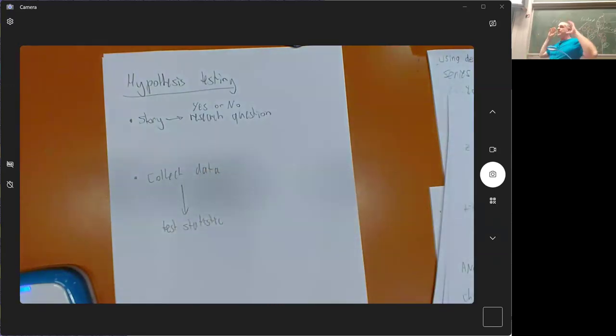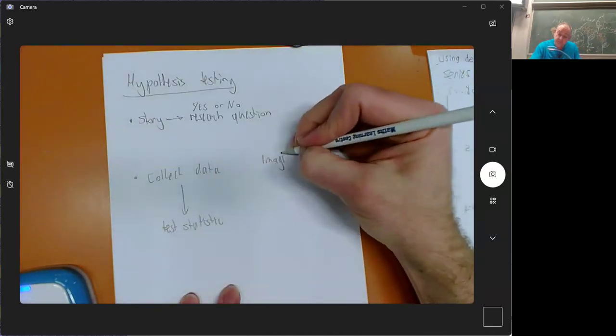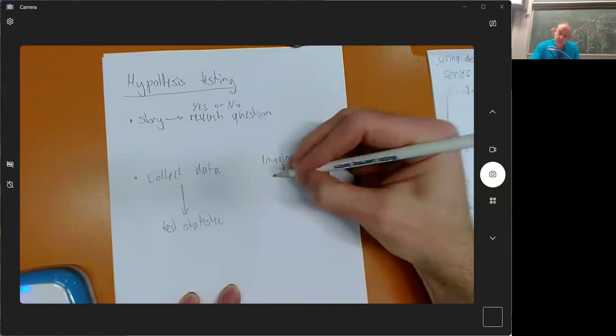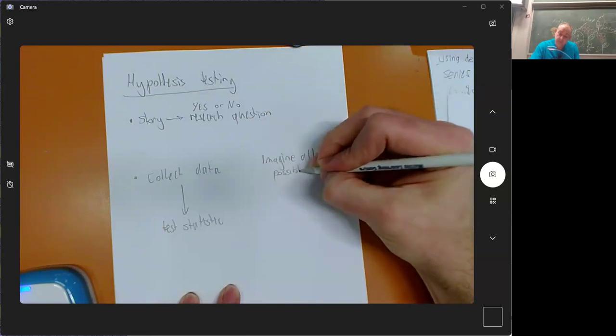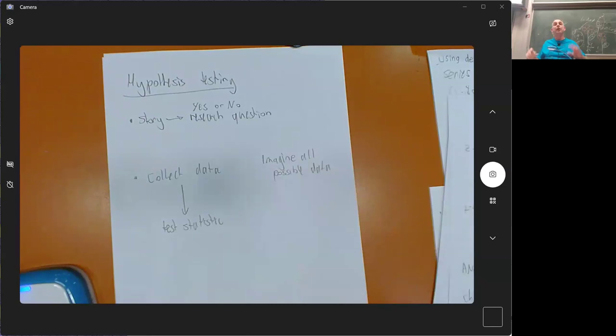And a test statistic is a single number that you get from all of your data. One number. And what you do is you imagine all possible data. You don't really, but you imagine all the data that could have been collected.